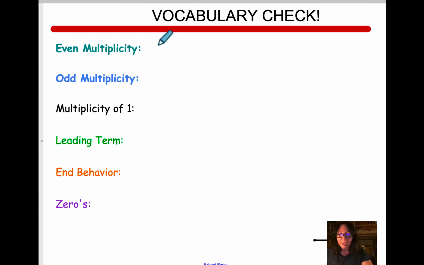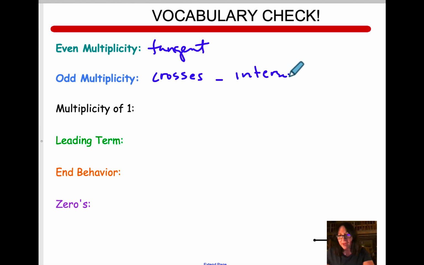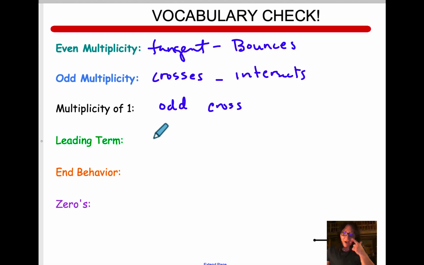So lots of these here, just talking about all these problems. Vocabulary check. We have even multiplicity. That means my graph is tangent. Odd multiplicity, my graph crosses through. Another option is to say that it intersects. And tangent also means that you can say that it bounces. Multiplicity of 1, that's odd. So that means it would be crossing. A leading term is the value with the highest degree, okay?